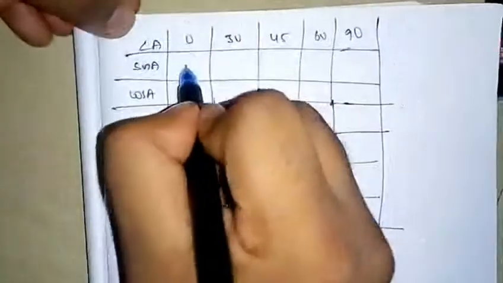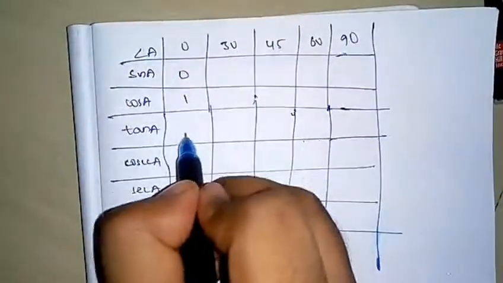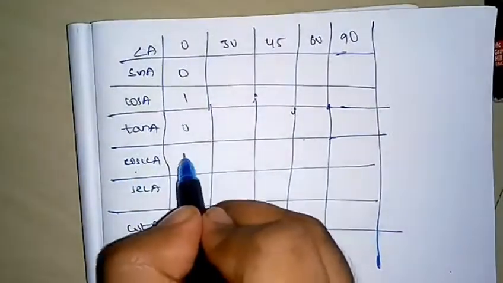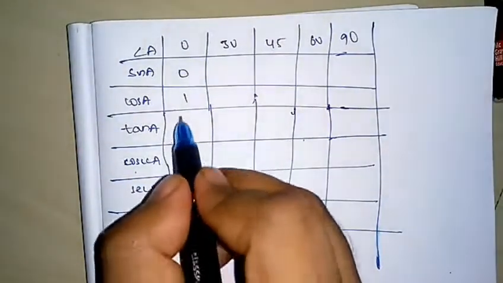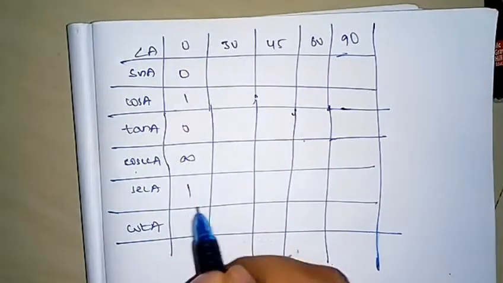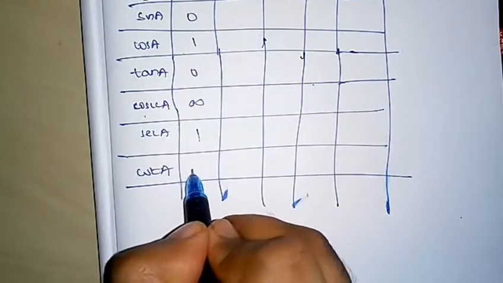Sine 0 is 0. Cos 0 is 1. Tan 0 is 0. Cosecant 0 is infinity. Secant 0 is 1. And cot 0 is infinity.